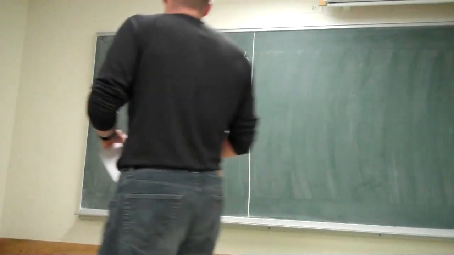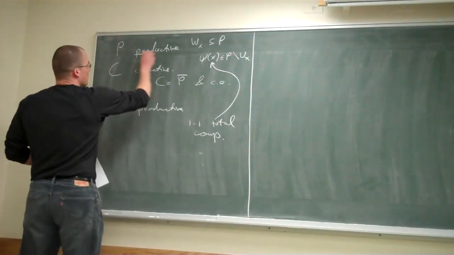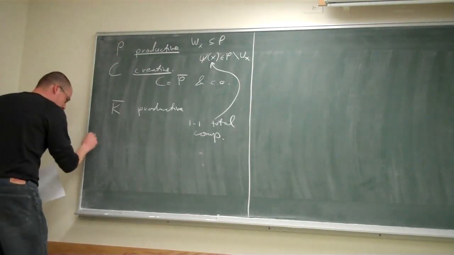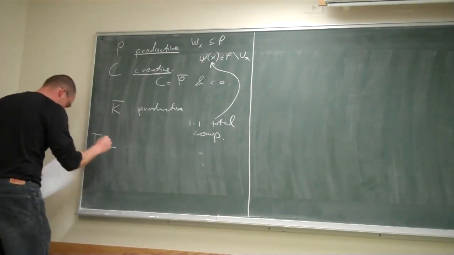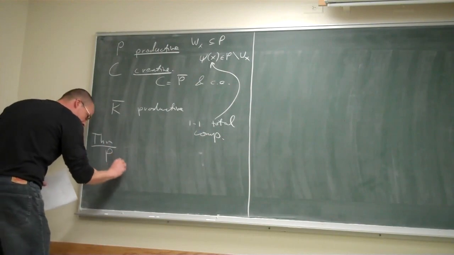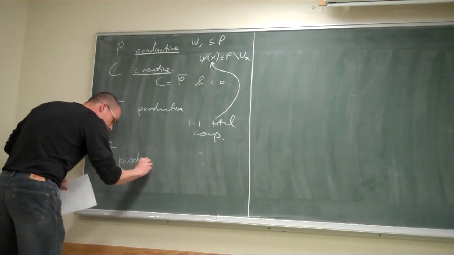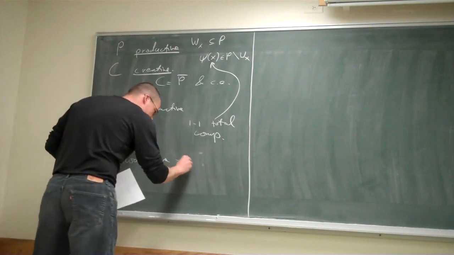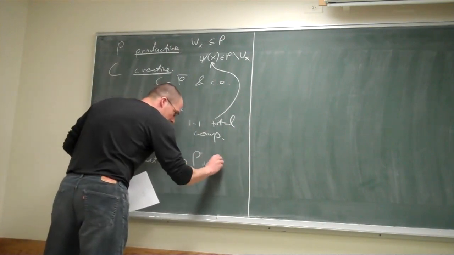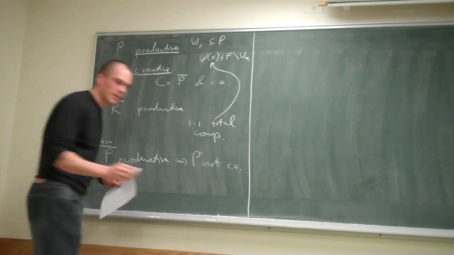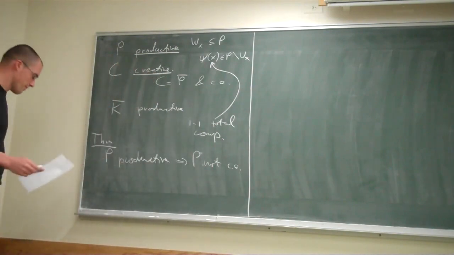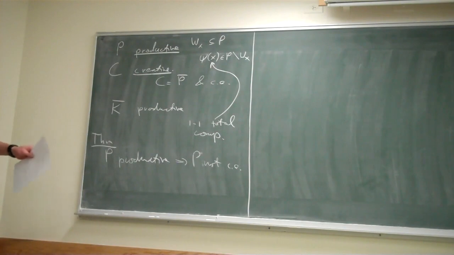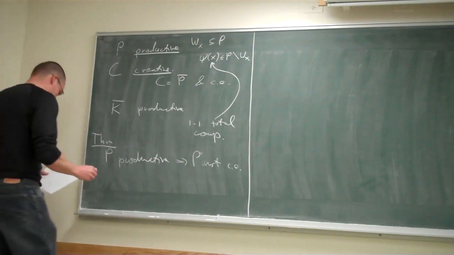Okay, so with this, we can make some nice observations. Theorem. If P is productive, then P is not CE. Kicking in an open door, if I ever saw one.